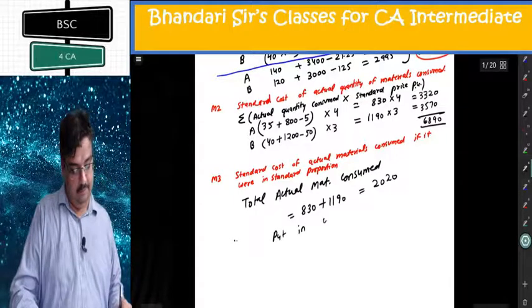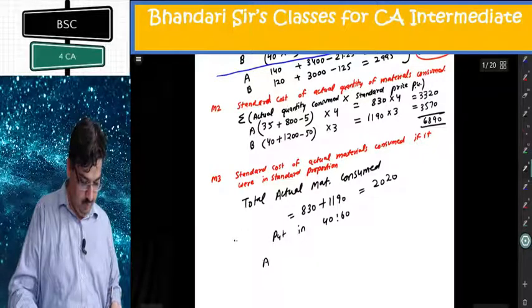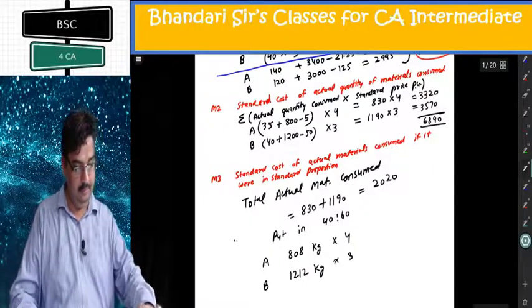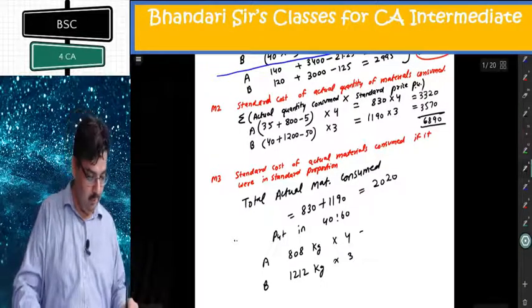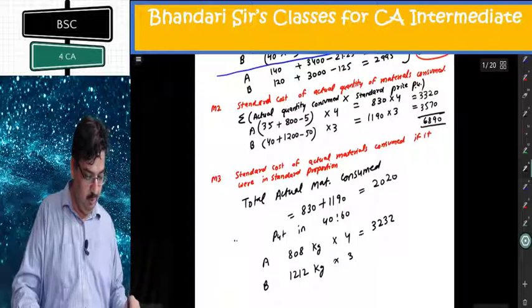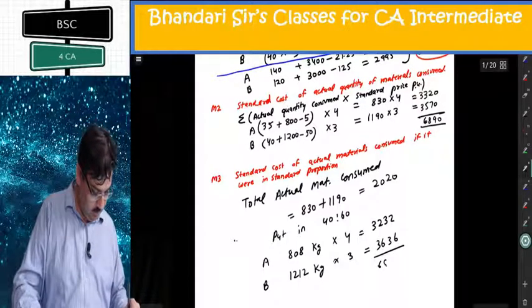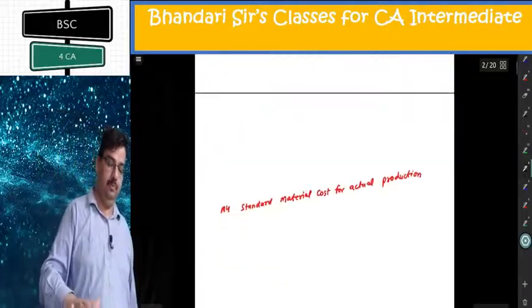Put in 40 to 60 ratio for A and B: 808 kg, 1212 kg. Multiplied by 4 and 3. 808 into 4 is 3232. This is 3636. Total 6868. This is M3. Very simple.